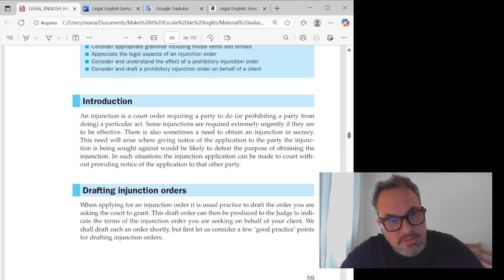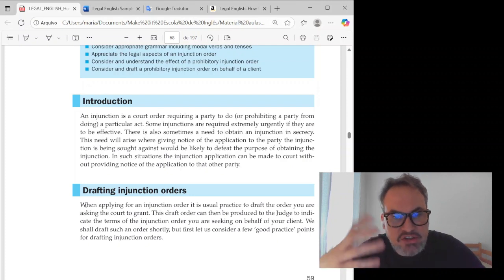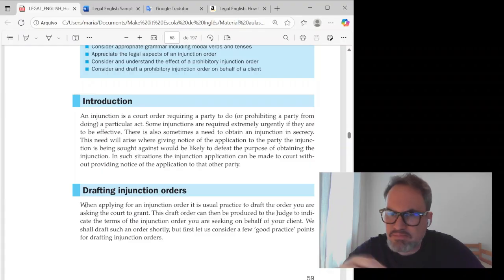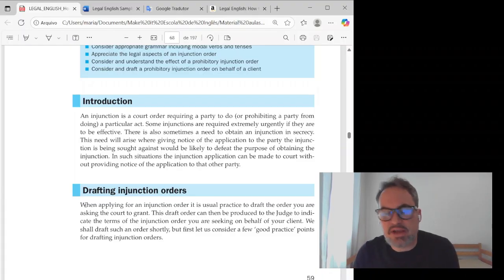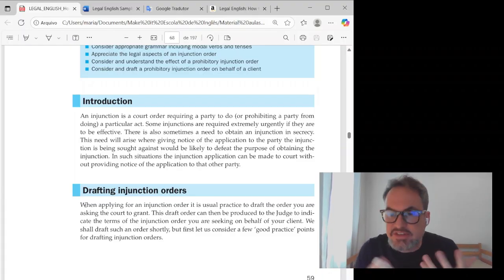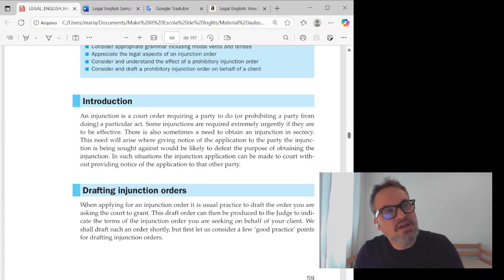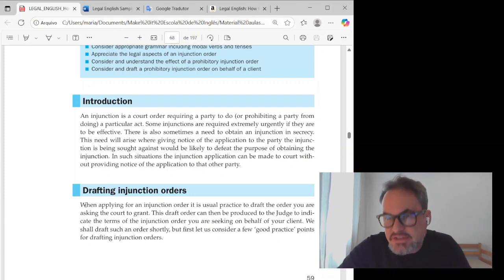There is also sometimes a need to obtain an injunction in secrecy. It's the same here. This need will arise where giving notice of the application to the party the injunction is being sought against would be likely to defeat the purpose of obtaining the injunction. So, when you need something to be in secret, most of the times it's because if the other party knows about that, they can spoil the act, right?